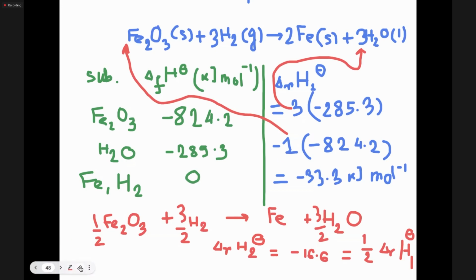Another thing that is very useful for you to know about enthalpy is that when a chemical equation is reversed, the value of the ΔrH° remains the same, but it just gets reversed in sign.